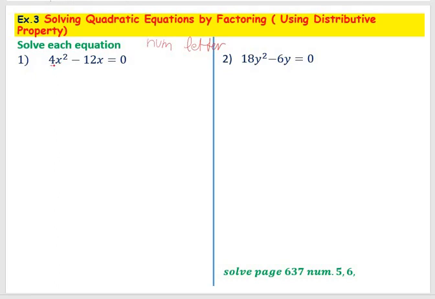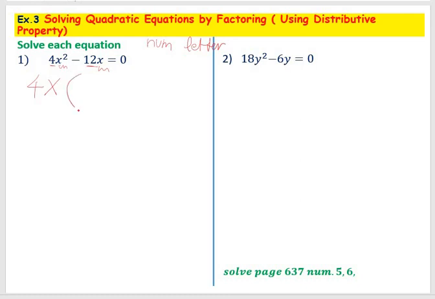Here I can see 4, and here I can see 12. Both can be divided by 4. So my number is 4. Then for my letter, here I can see x squared, and here I can see simply x. Then I take the one with the least power. The one with the least power is x.